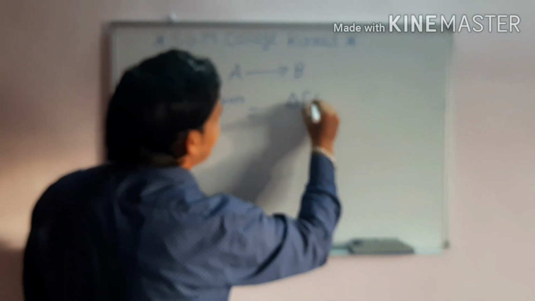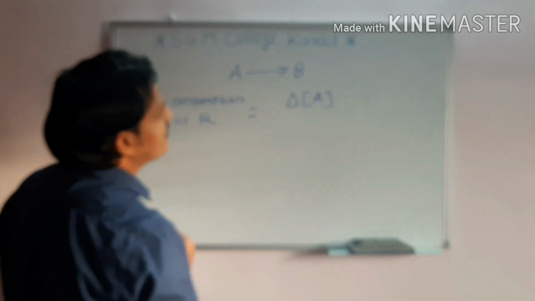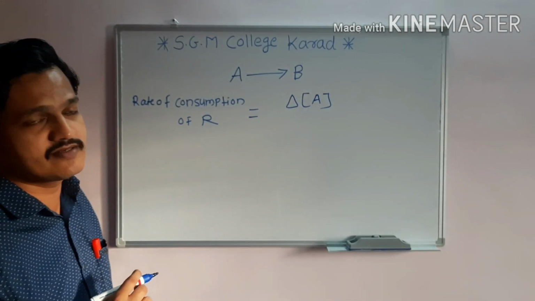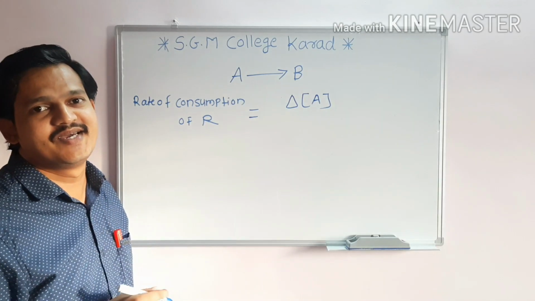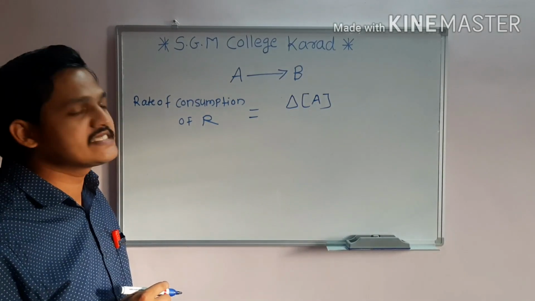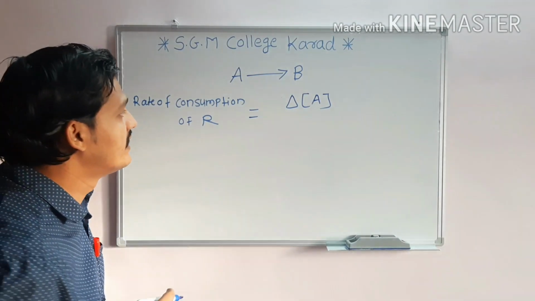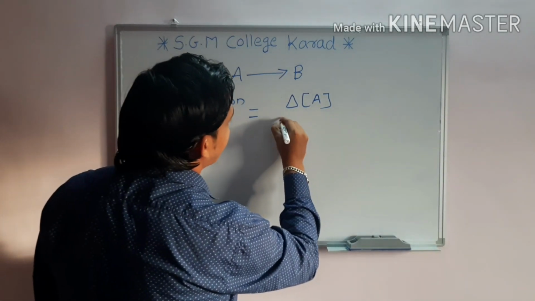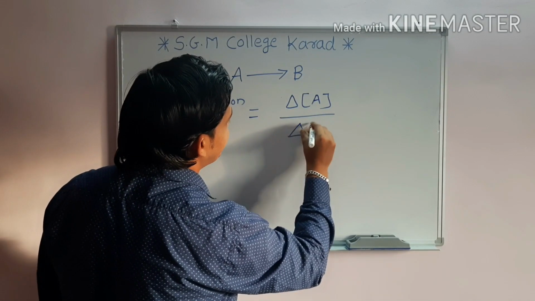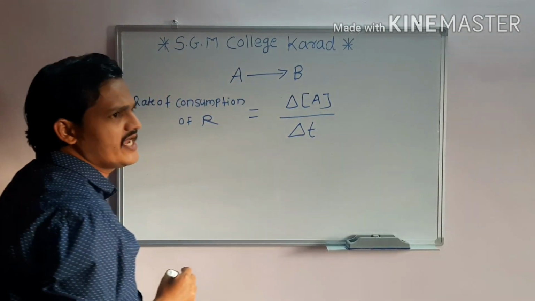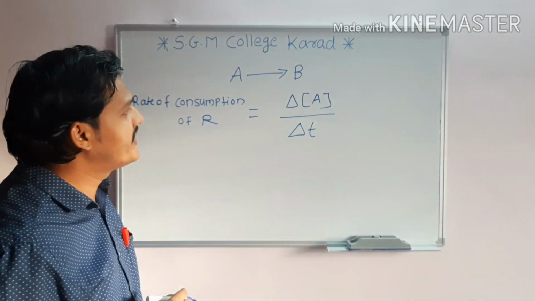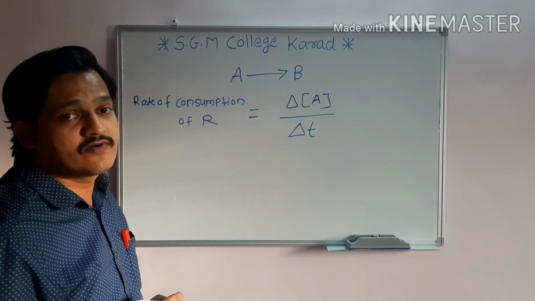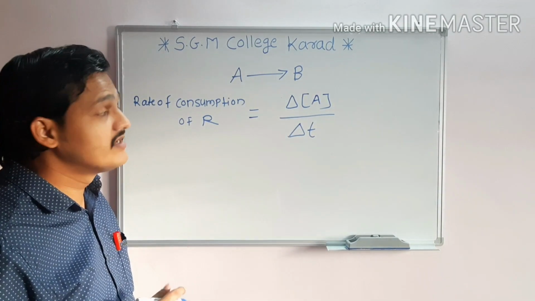Delta in bracket A. Point to remember that molar concentration is always expressed in square brackets. So delta A divided by change in time, final time minus initial time, that is T2 minus T1, so delta T. Now here is one twist. Let us know it.